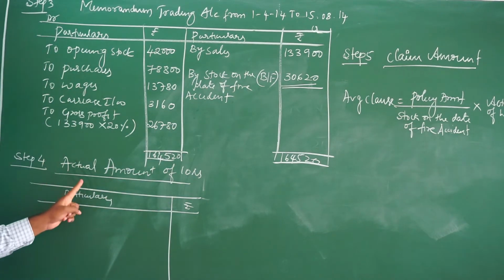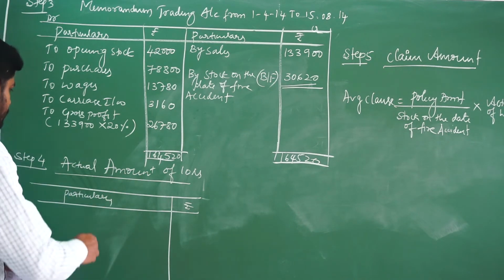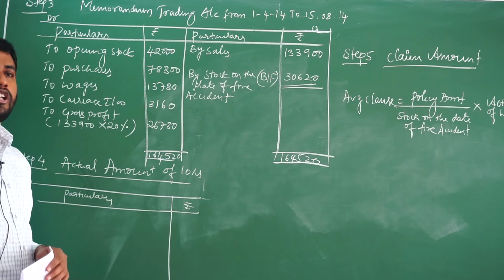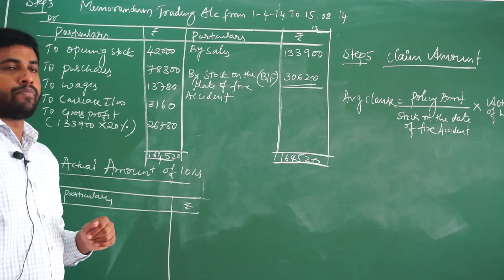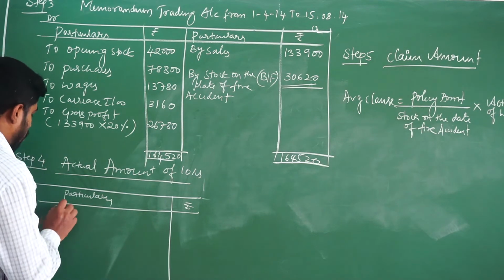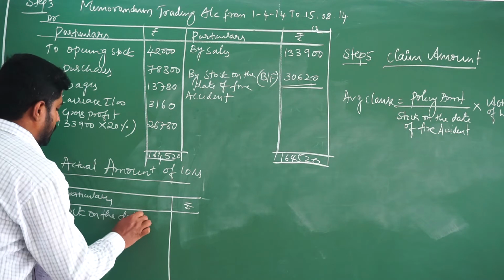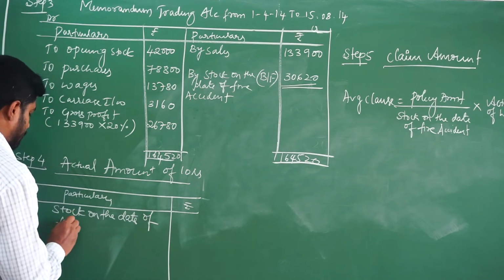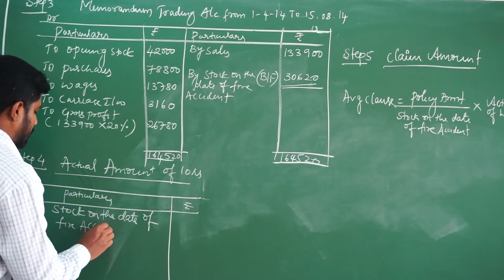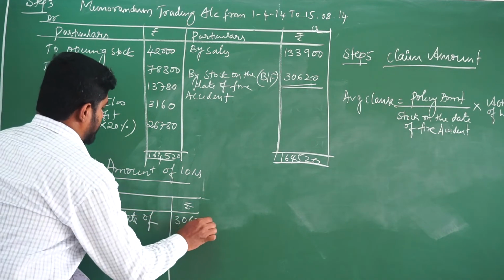Now move on to step number 4, the actual amount of loss. In order to calculate the actual amount of loss, we should deduct salvage money from the stock on the date of fire accident. The stock on the date of fire accident is rupees 30,620.